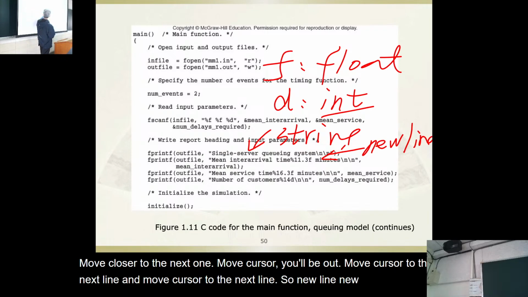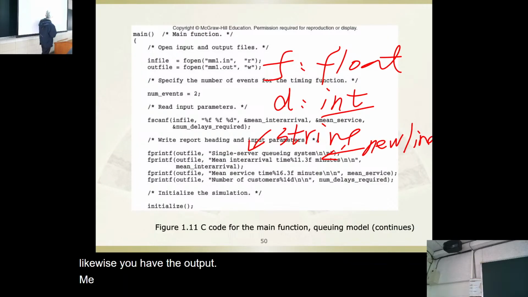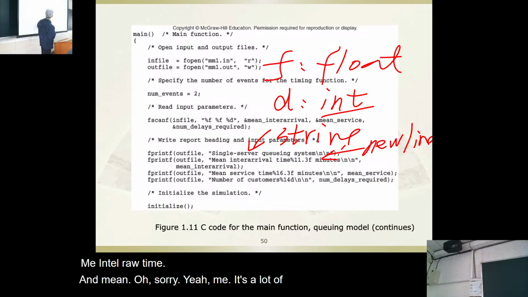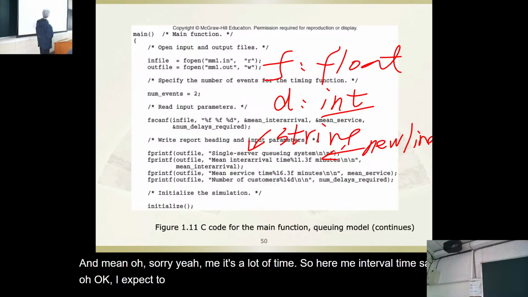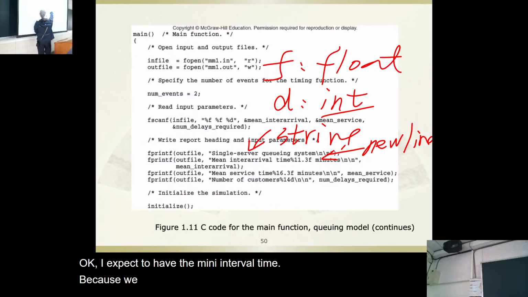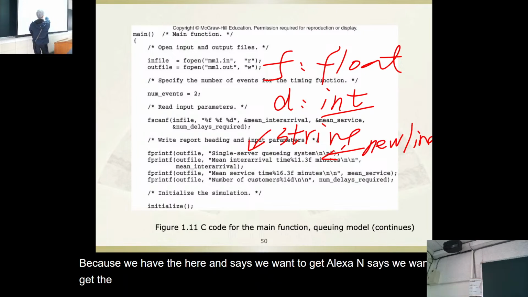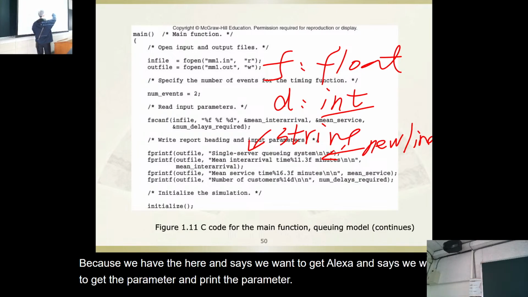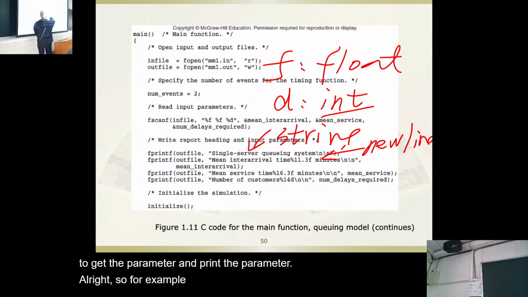And likewise, you have the output, mean interarrival time, and mean interarrival time. So here, mean interarrival time says, okay, I expect to have the mean interarrival time. Because we have here, n says we want to get the parameter and print the parameter. All right, so for example, it is 1.5. So you will say, okay, output file to store.